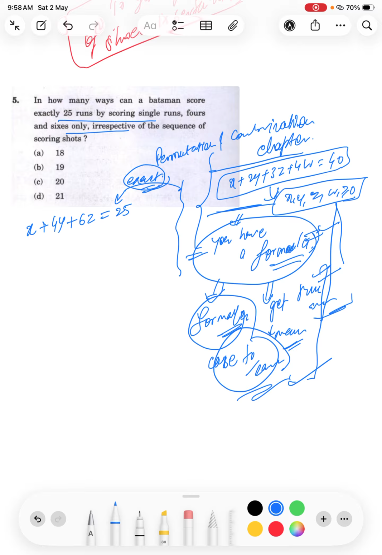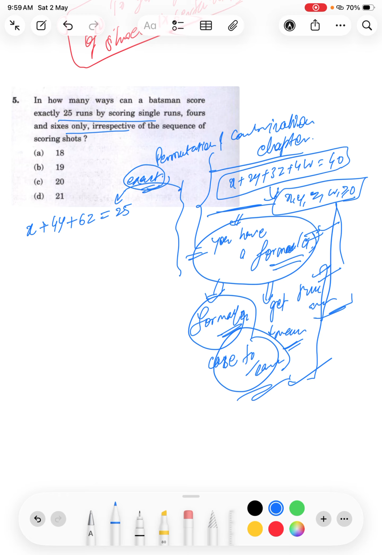But you were compelled to use such formulas during JEE time, because JEE questions were different types of problems, and the complexity of the questions used to be on the tougher end.